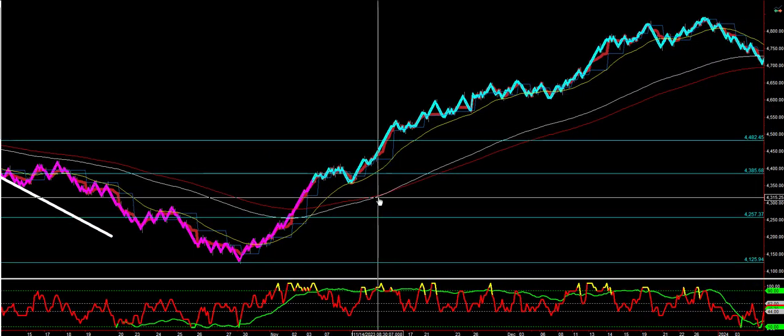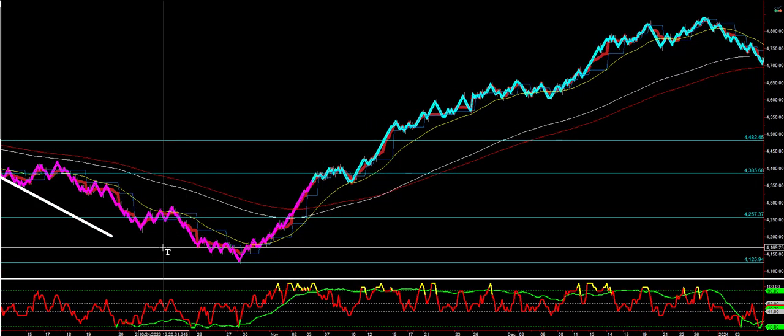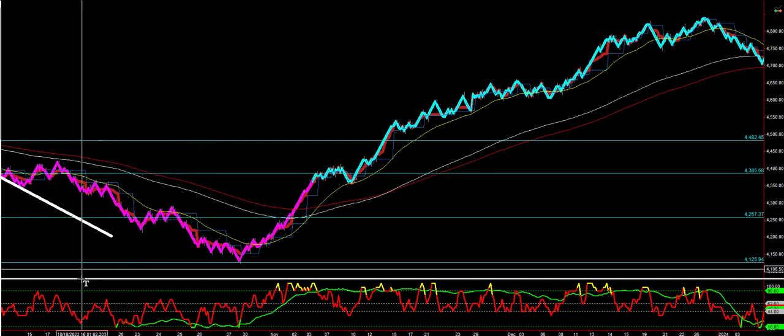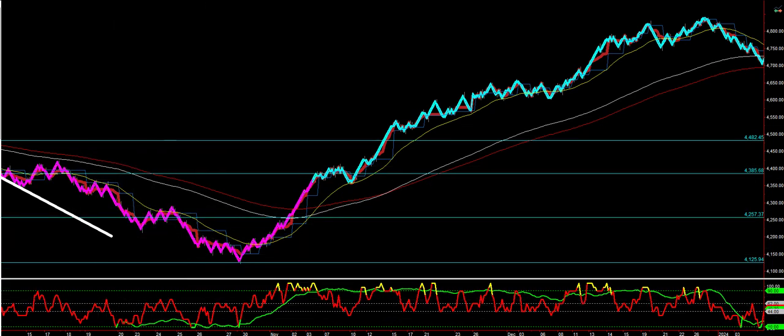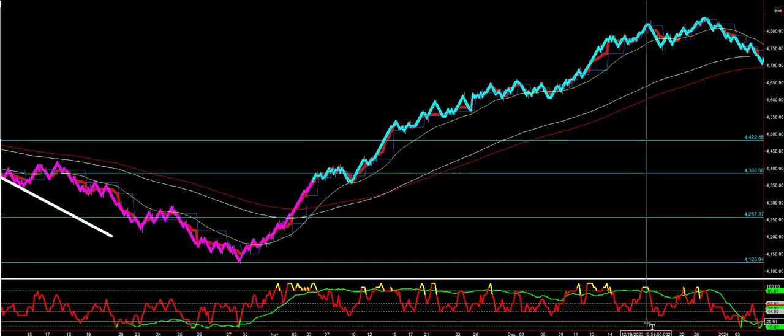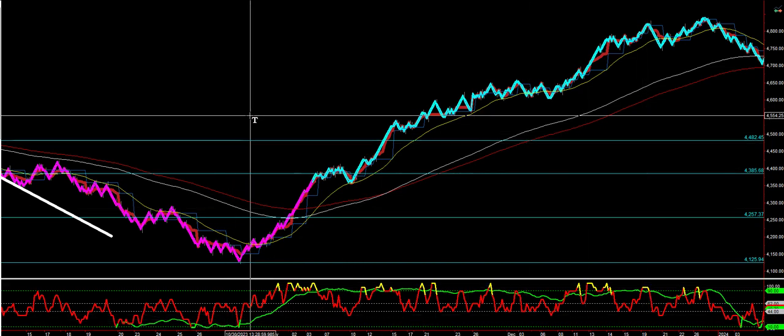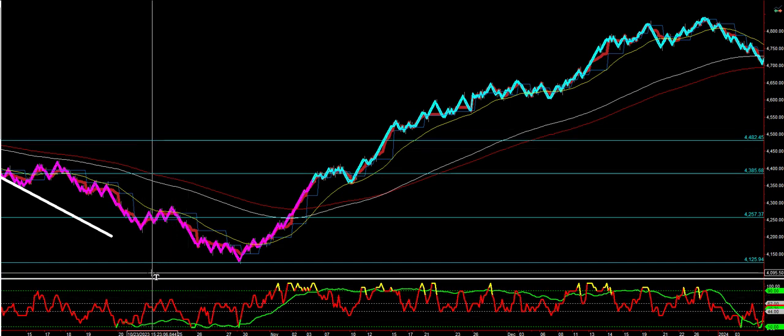So at this moment, what we have to do is go back to the measured move. We are tracking this system of indicators as measured move.